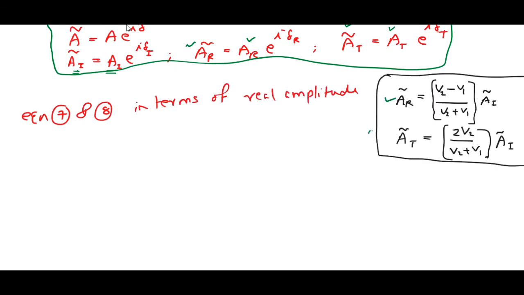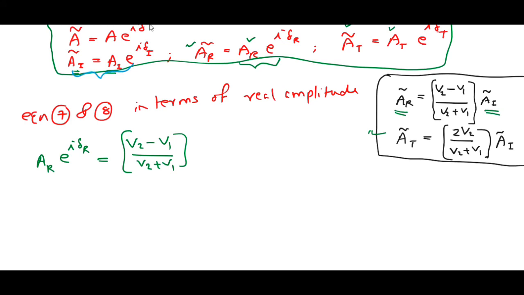To make the substitution easier, I have copied AR and AT here. In place of the complex amplitude AR, we can substitute the real amplitude AR e^(i delta R). Therefore we can write AR e^(i delta R) is equal to V2 minus V1 by V1 plus V2. The complex amplitude AI we must replace with the real amplitude.